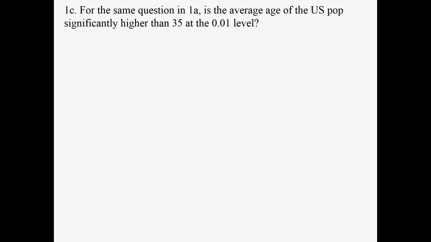So that really indicates a one-tailed alternative hypothesis. So let's use a 7-step procedure to conduct this test. First, we set up the null hypothesis and alternative hypothesis. The null hypothesis still states that the average age of the U.S. population is 35, but the alternative hypothesis states that the average age of the U.S. population is higher than 35.